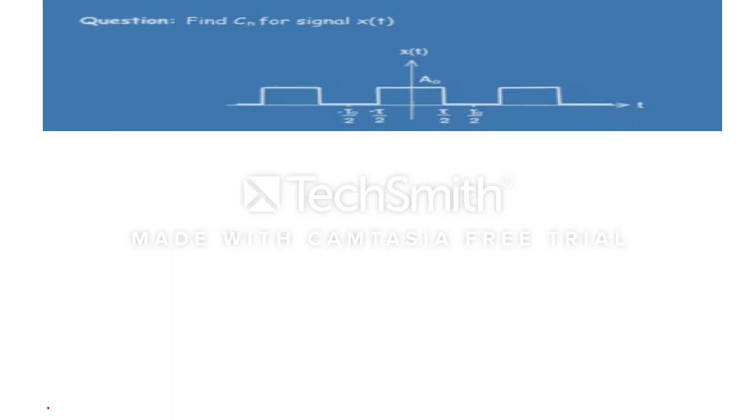Suppose one signal is given to us and we need to find Cn, the complex exponential coefficient. We can see the signal time period is t naught, and we know that Cn value is 1 by t naught, integration over the time period, x(t) multiplied by e to the power minus j n omega naught t dt.